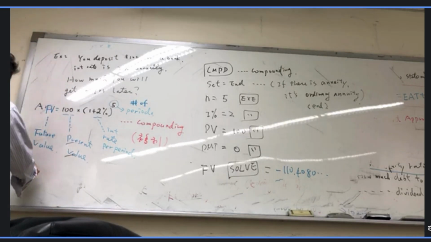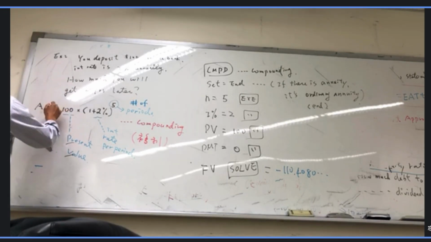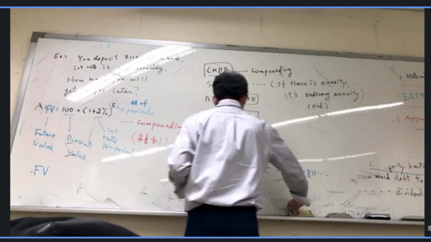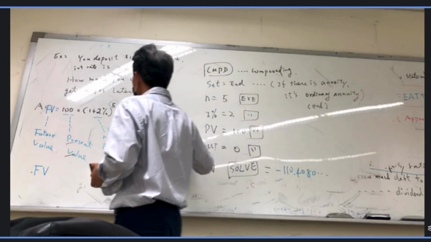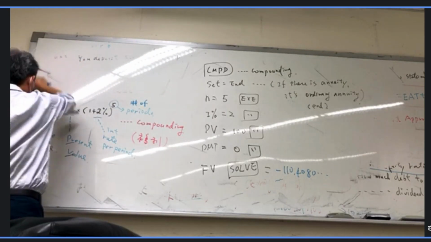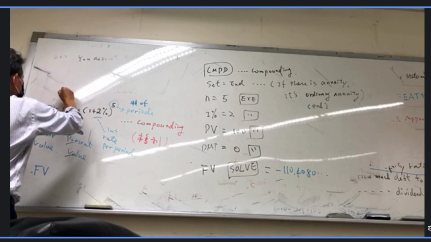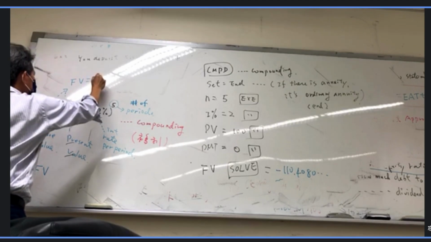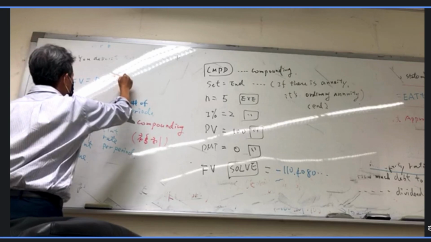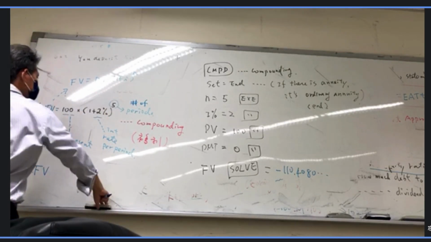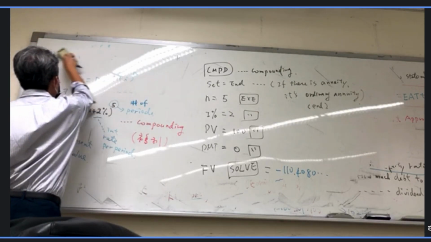So is move this to this, say FV is supposed to be the formula is written to be PV times (1 plus I) to the n, right?